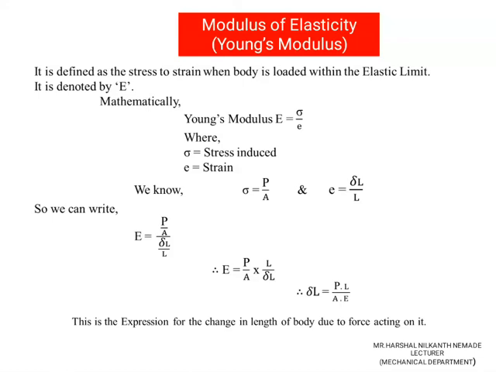We know sigma is equal to P by A and small e is equal to delta L by capital L. So we can write capital E is equal to P by A divided by delta L by L. Therefore, E is equal to P by A multiplied by capital L upon delta L. Therefore, delta L is equal to P multiplied by capital L divided by A multiplied by capital E. This is the expression for the change in length of a body due to the force acting on it.